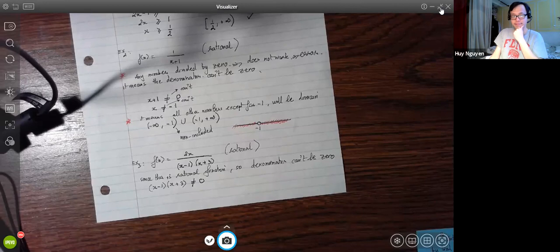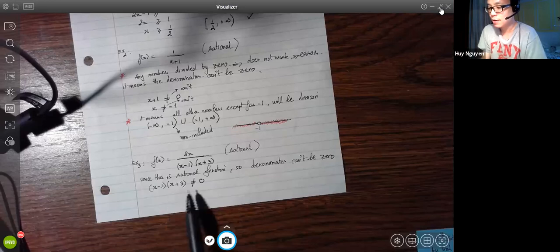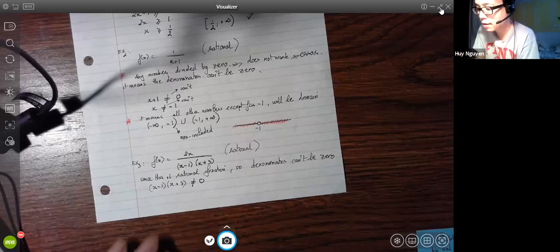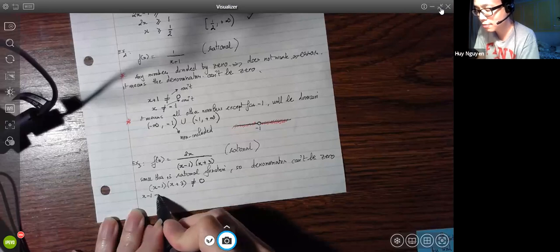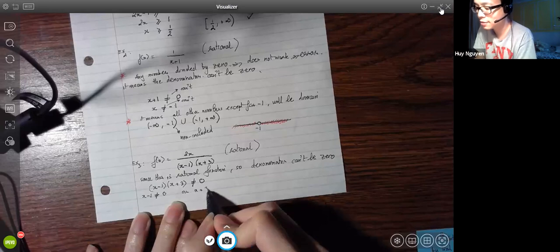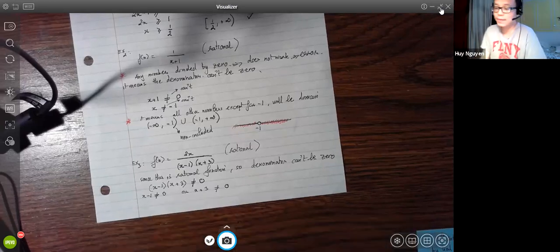Okay. Now, how are we going to solve this? Set x minus 1 and x plus 3 both to 0. You set up x minus 1 can't be 0, or x plus 3 can't be 0.